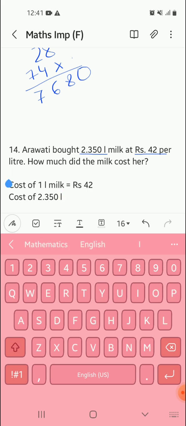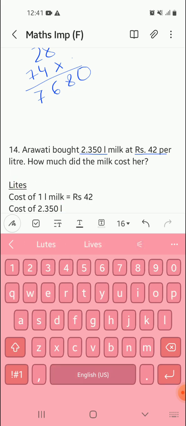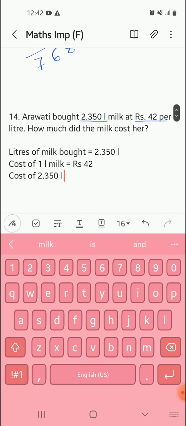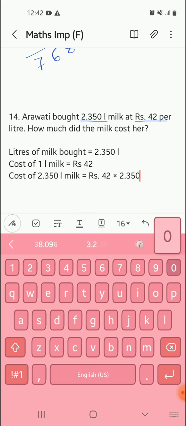We'll write one more statement, that is liters of milk bought equal to 2.350 liter. So we will simply multiply: cost of 2.350 liter milk is equal to rupees 42, the cost of 1 liter milk, into the liters of milk purchased, that is 2.350.